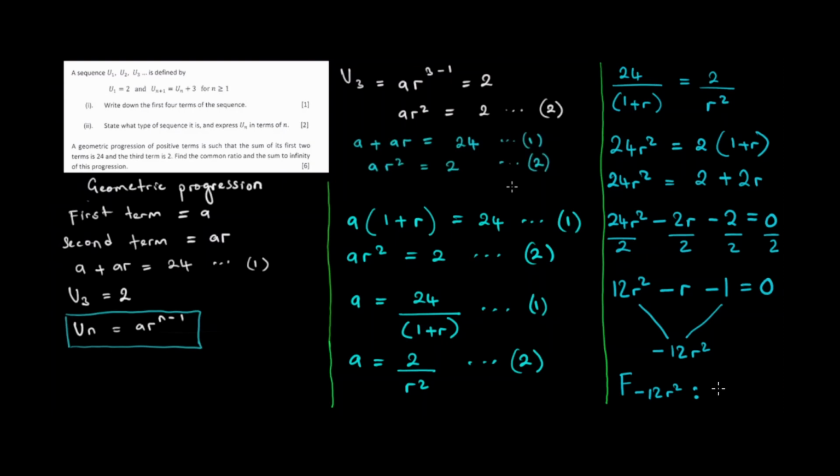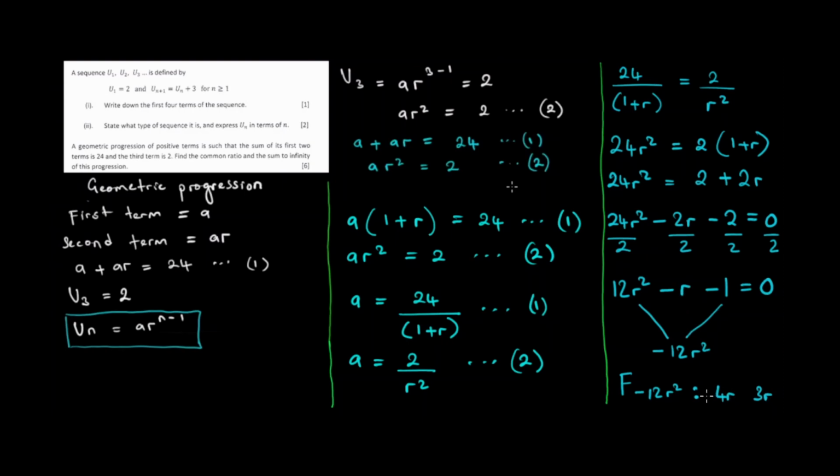So we are going to deal with 4r and 3r. We know that 4 times 3 is 12, and 4r times 3r is 12r squared. But we need to multiply 4r and 3r, getting minus 12r squared. At the same time, we have to subtract or add 4r and 3r to get minus r.